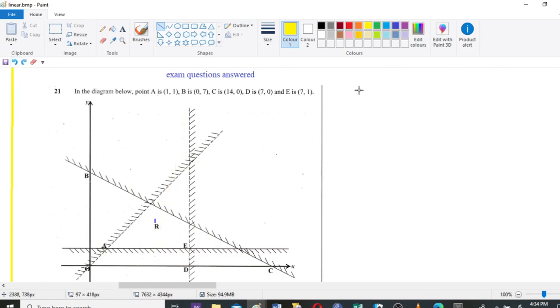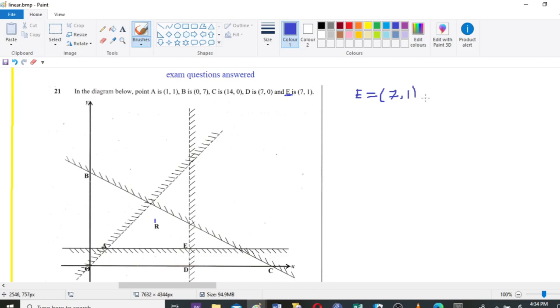So E, let me just write it here. Note that you have been given E to be the point. For E, the x value is 7, so we have 7 comma 1, right? So that is the x value.